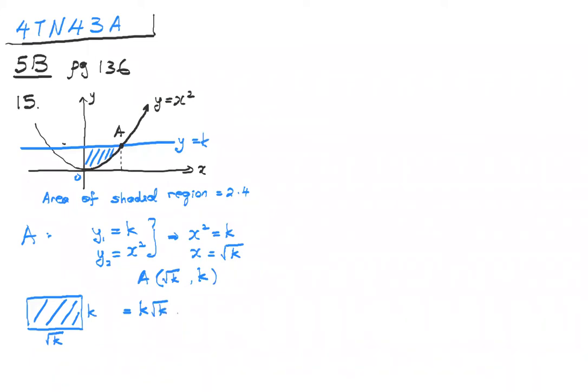Okay, so I have to know the area of the shaded region, that is 2.4. I have to minus off this part. So what I do is the black color shaded region is equal to integrate from 0 to root k x squared dx.